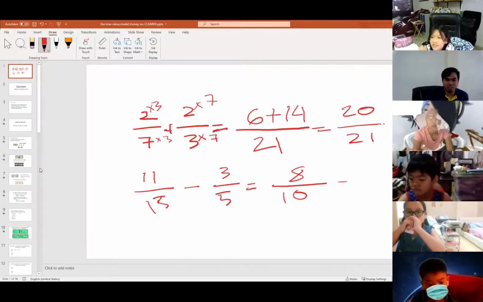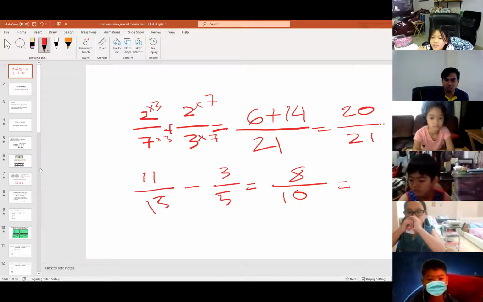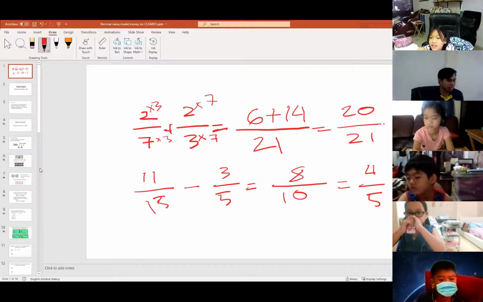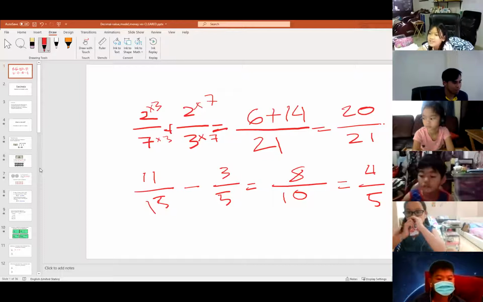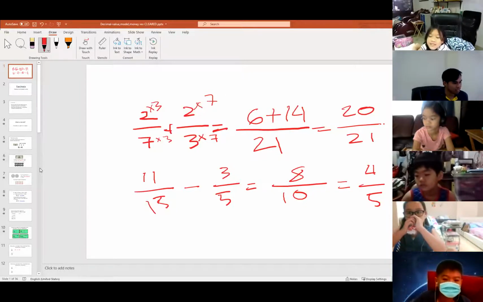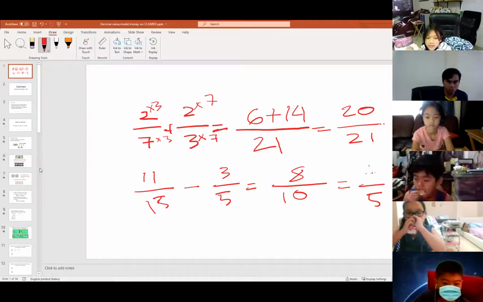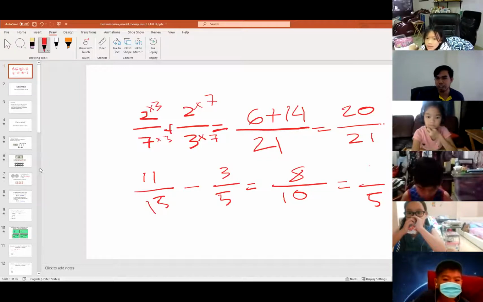Then they made it smaller, 4 over 5. That's how they did it. Is this correct? No. Why? Because we need to make the denominator common. You always have to make the denominator the same. That's the first step.